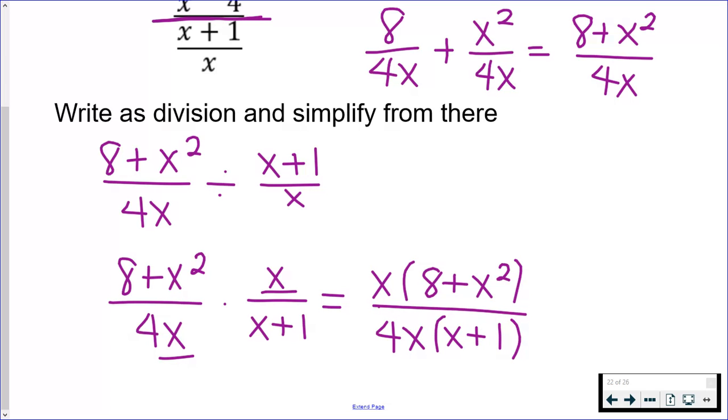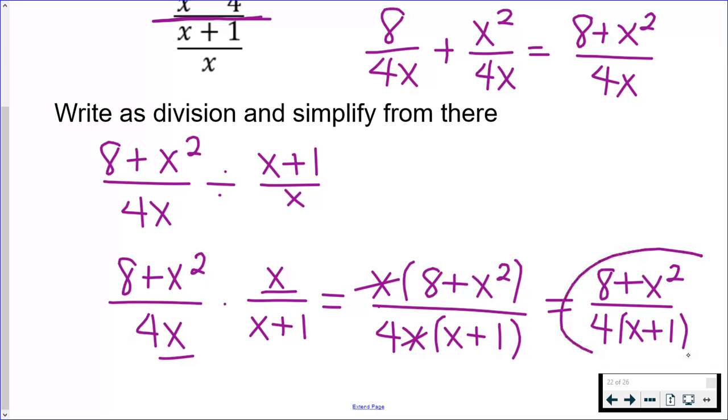So this is in factored form. I'm allowed to cross out those x's. And this is the final answer.